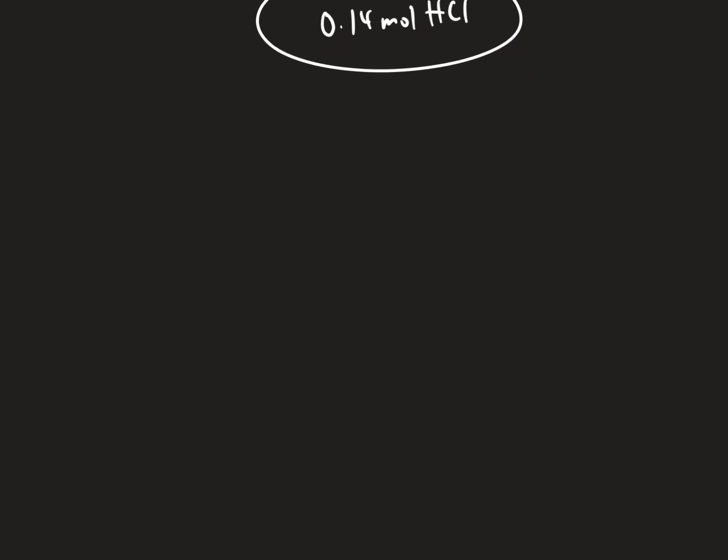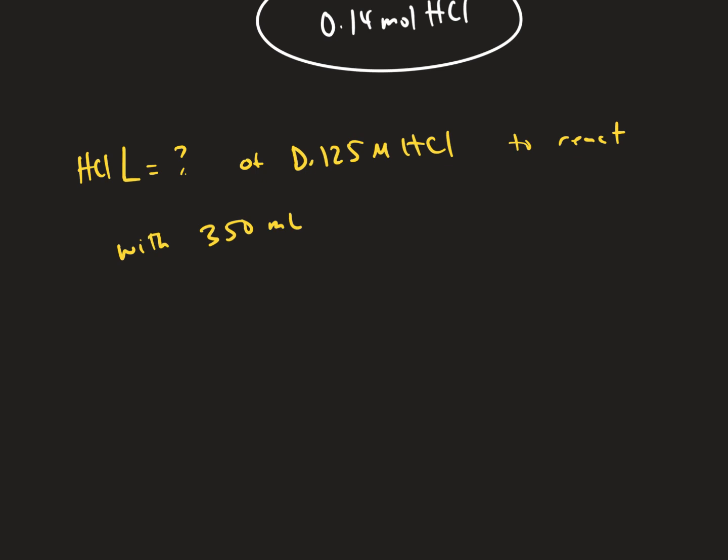Okay, so it says, if we have how many liters of a 0.125 molar concentration of HCl would need to react with 350 milliliters of a 0.200 molar concentration of calcium hydroxide.